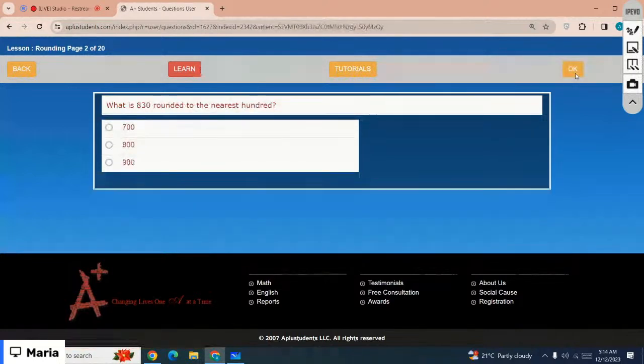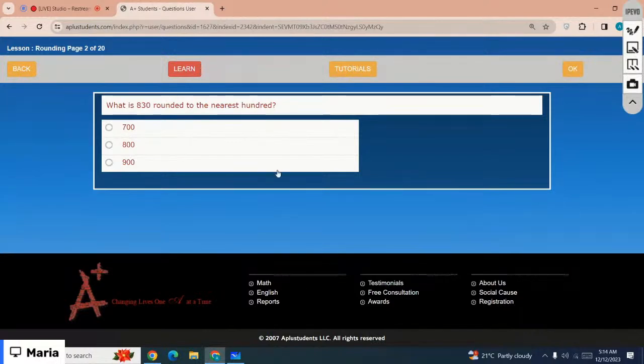What is 830 rounded to the nearest 100? So which is the correct option? Eight hundred thirty is rounded to 800. Very good.